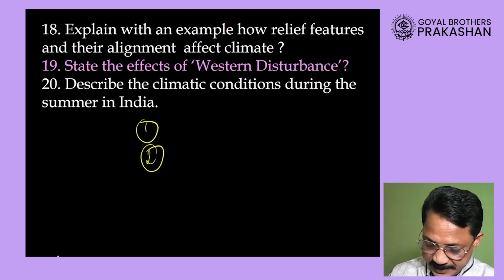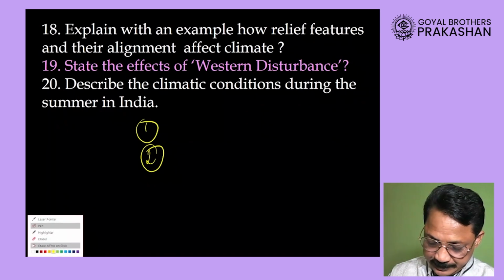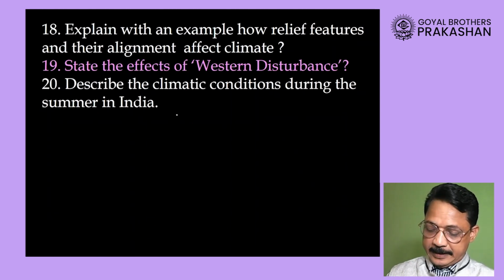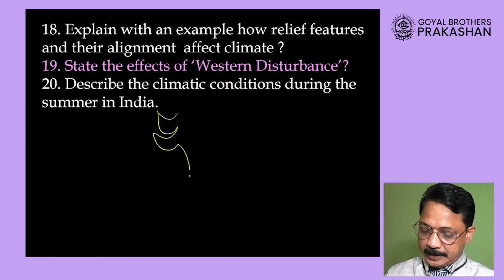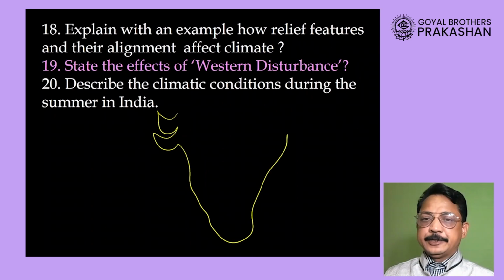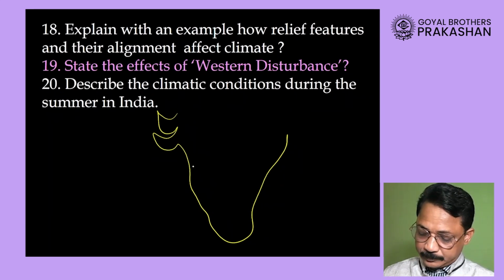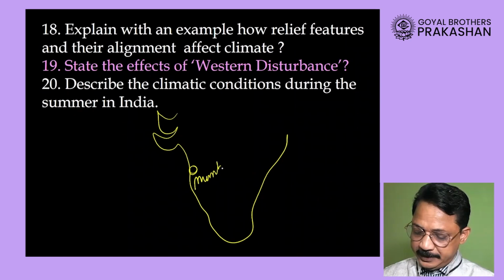I would like to add few more questions, dear students, here, that what is the role of water body on climate of India. Okay, now suppose this is India, dear students. Okay, water body. Now what is the direct effect? Now here is the location of Mumbai, here is location of Nagpur.